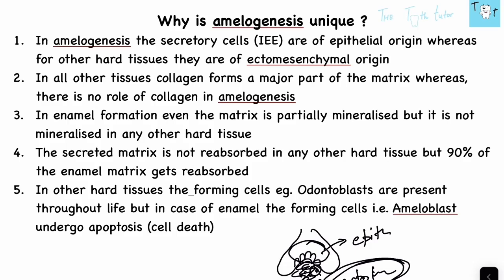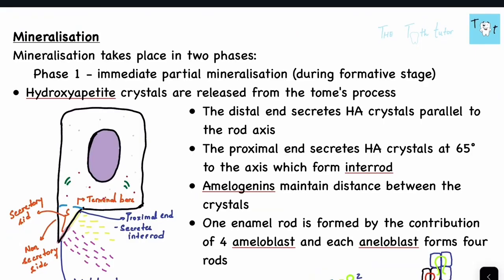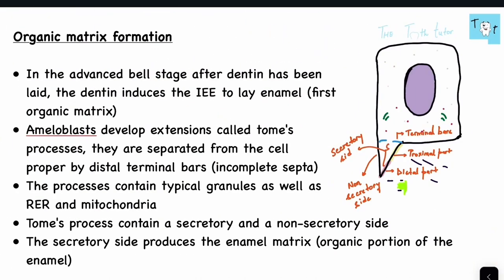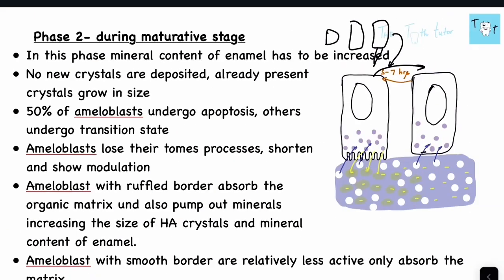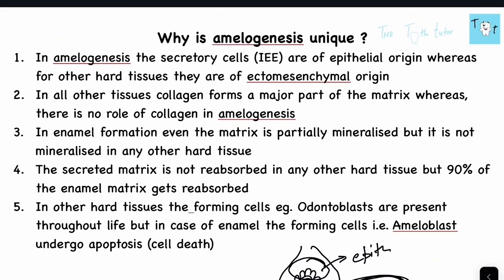Okay, collagen. In enamel formation, even the matrix is partly mineralized, but it is not mineralized in any other hard tissue. So we had some crystals of hydroxyapatite in this stage as well, where the matrix was forming. In any other tissue that won't happen. First, the entire matrix will be formed, and then complete mineralization will take place.